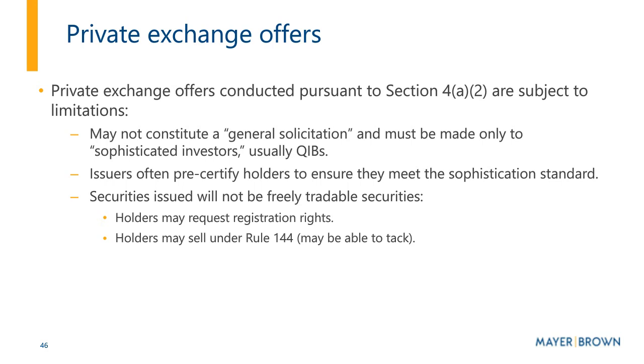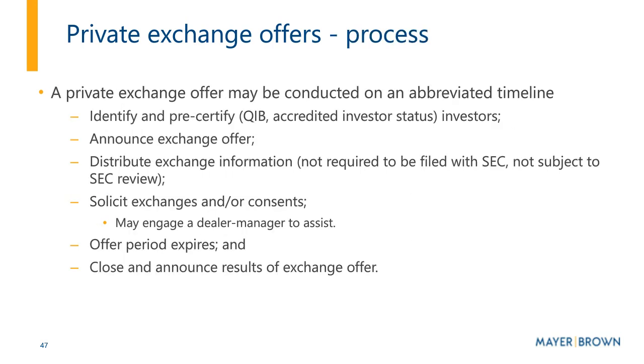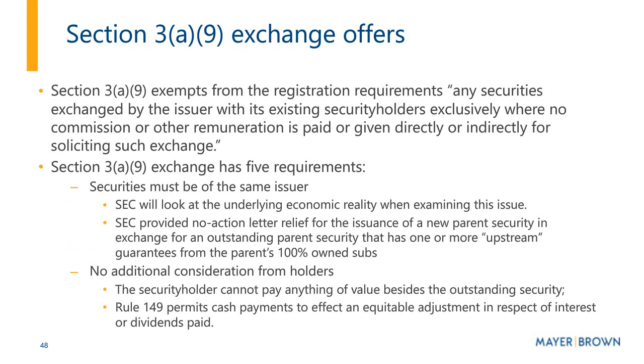In a private exchange, again, you might be able to conduct this on an abbreviated basis, where after certifying the status of the holders and announcing the exchange, you distribute exchange information, which, since the transaction is private, isn't required to be filed with the SEC. You might engage the services of a dealer manager, an investment bank, to assist with this process, and after keeping the offer open for a period of time, then close and announce the results of the exchange offer.